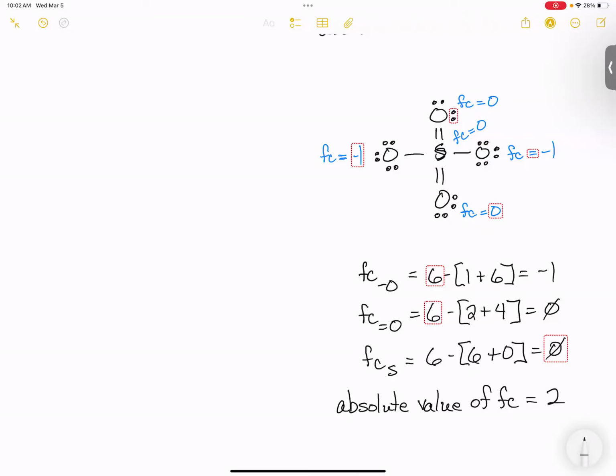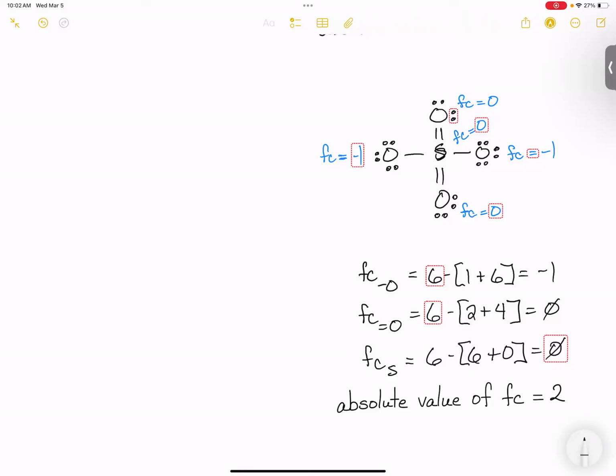Now, here is where I'm going to quit on the formal charge. The reason I'm going to quit on calculating formal charge is because if you go back to one of the first things I said about formal charge, with an ion, the formal charge is going to equal the charge on the ion. So if we have a -2 charge on sulfate, that means our formal charge has to equal a -2.